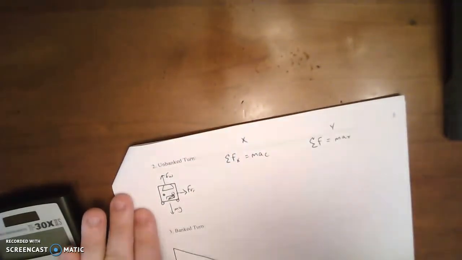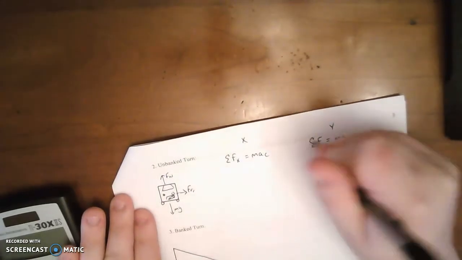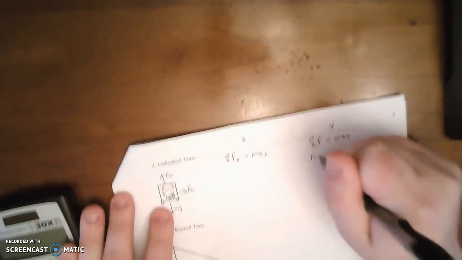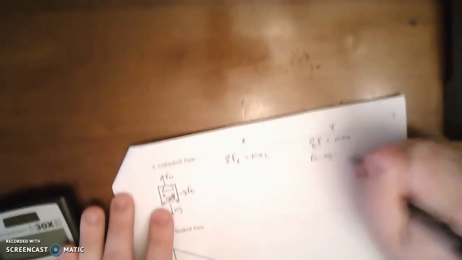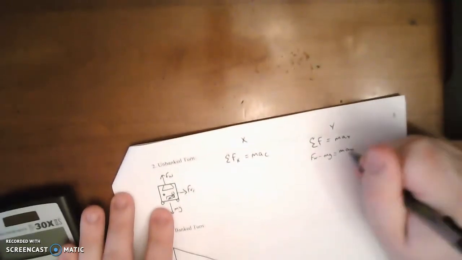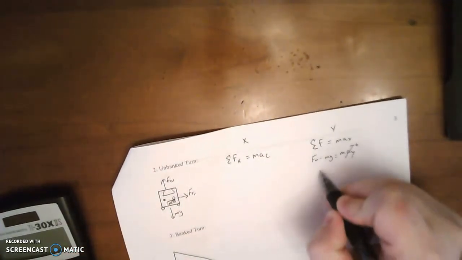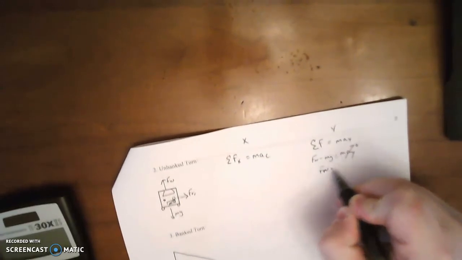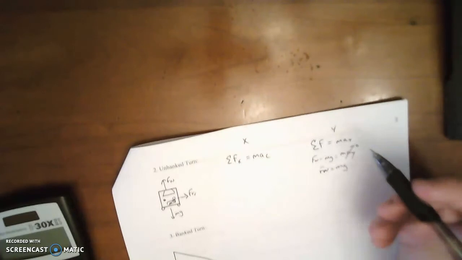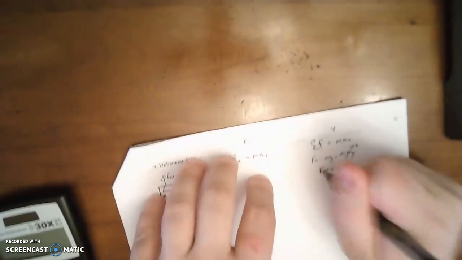That's just normal. Here, Fn should be going upwards, mg down, and that'll be equal to may. But we do know ay should be 0 in this scenario because the car should not be getting airborne. So we do wind up with Fn equals mg. That should feel somewhat similar to Unit 4 with forces.